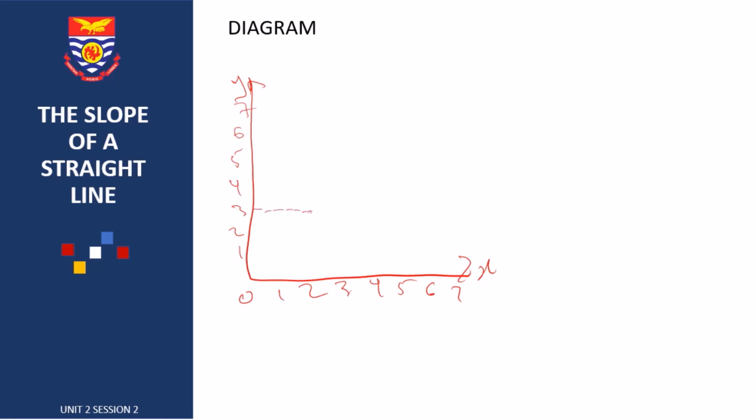Let me use broken lines here. I have my 2 to 3. Then I can say the same thing for 6, with 6 mapping to 6. Then I will sketch this straight line here.